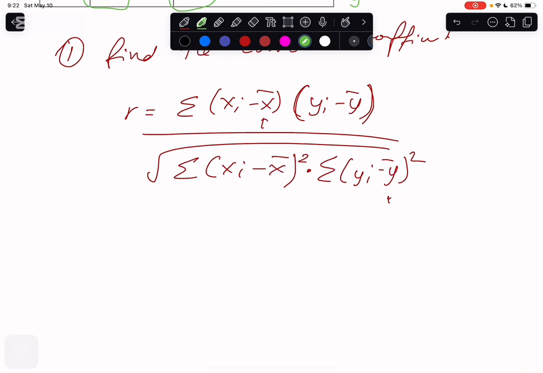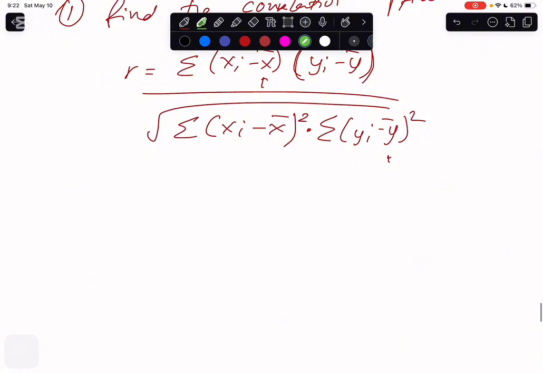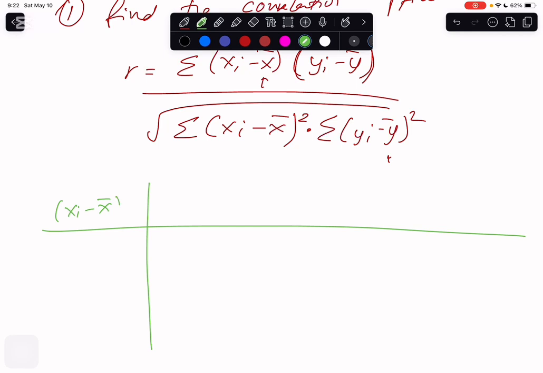So if I actually make a table, next to it, just assume I put xi minus x mean, and xi minus x mean squared.